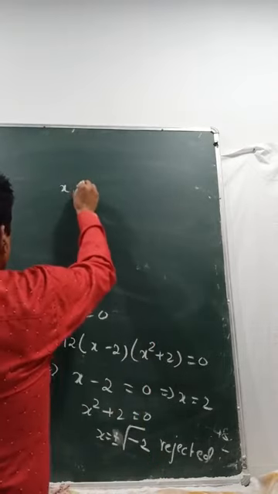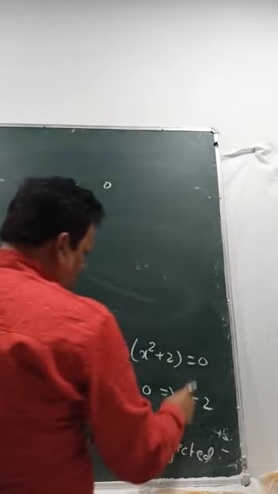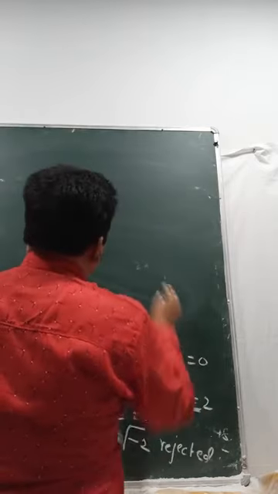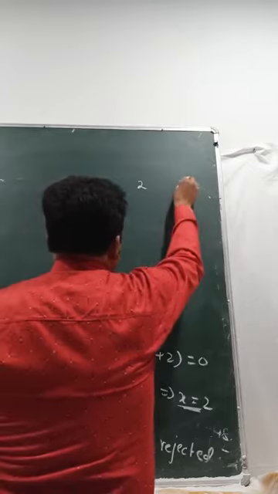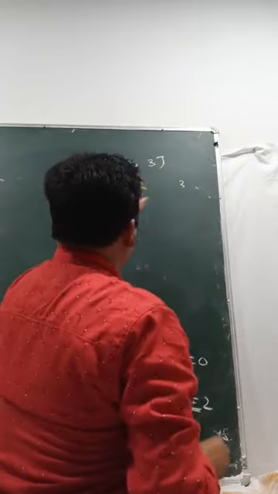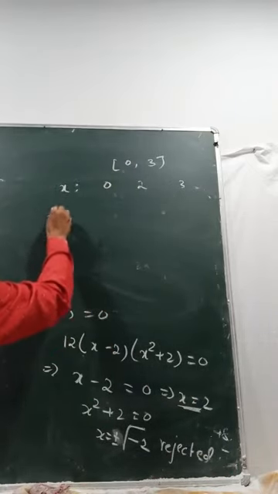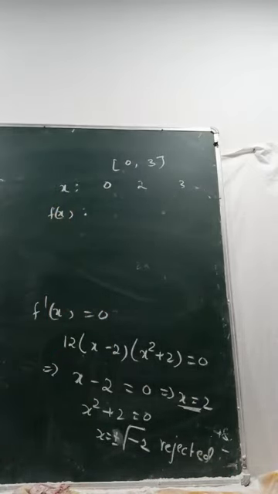Now which are the values? x = 0, then you got 2 here, then 3 because your interval was 0 to 3. Between these you got a point. Where are you going to put these? You are going to put them in f(x). What was our f(x)?